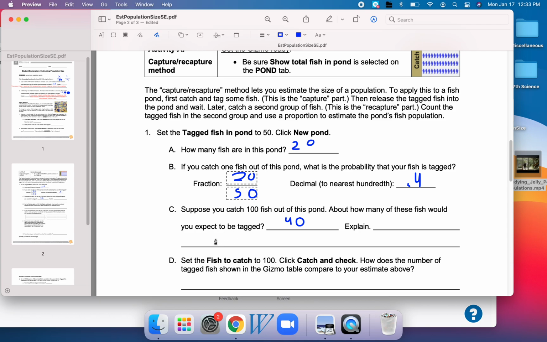I would say it would be 40 because we caught double the fish. Double the fish, so double the tagged fish should be caught.